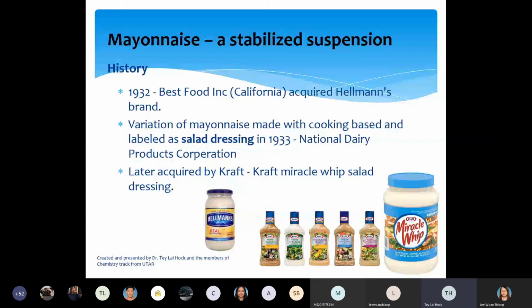Later on, this company was also acquired by Kraft, which rebranded it as the Miracle Whip salad brand. Most of these are common brands that we can get from the supermarket or hypermarkets.